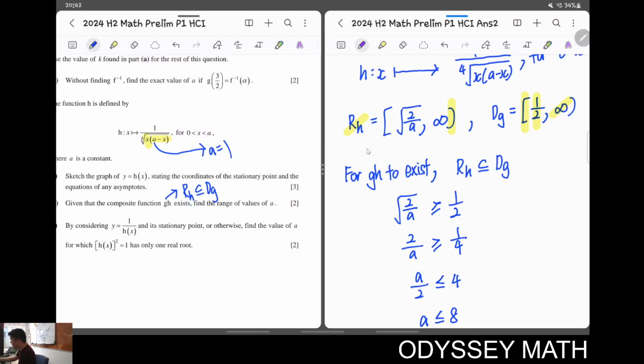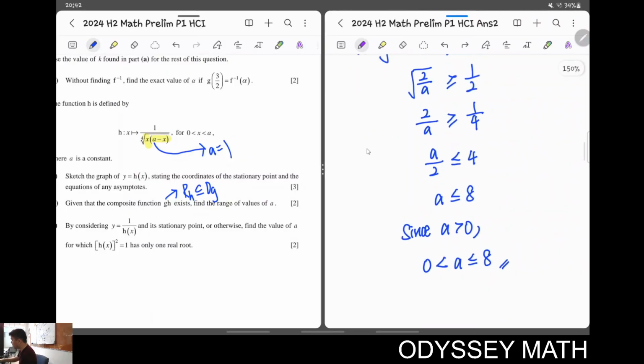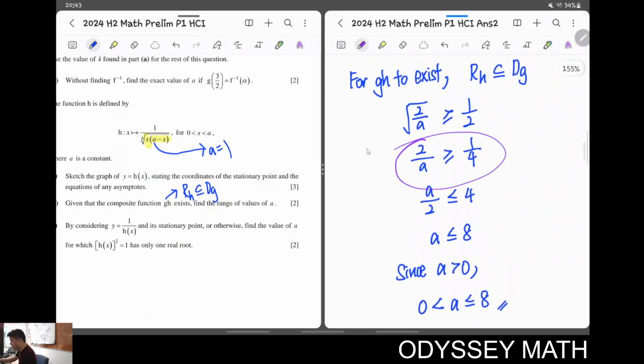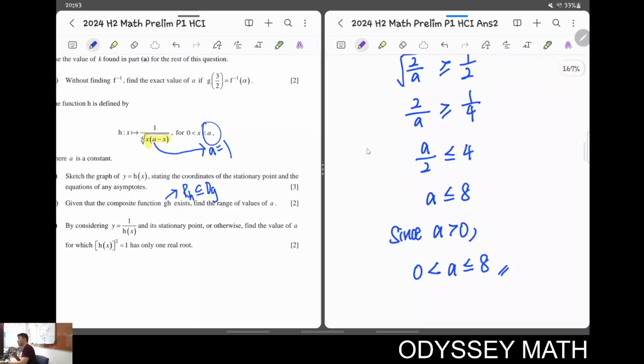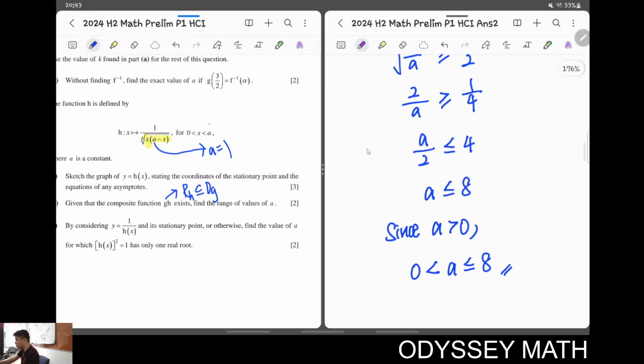In order for that to happen, you need to make sure that this is at least half. Agree or disagree? Then you solve for a. A point to take note of: because you're dealing with everything positive, a is positive by the way, you flip this fraction and you change the inequality sign, understand? Then you solve for a, and noting that a is more than 0, a is more than 0 and less than or equal to 8.